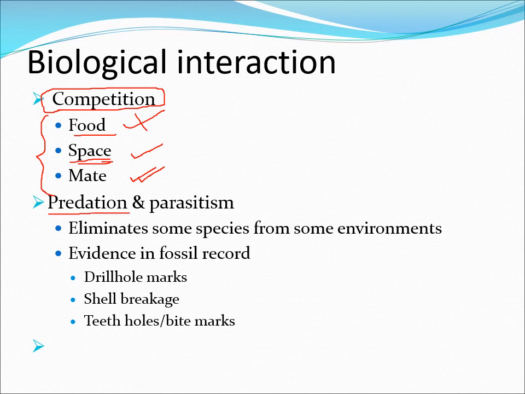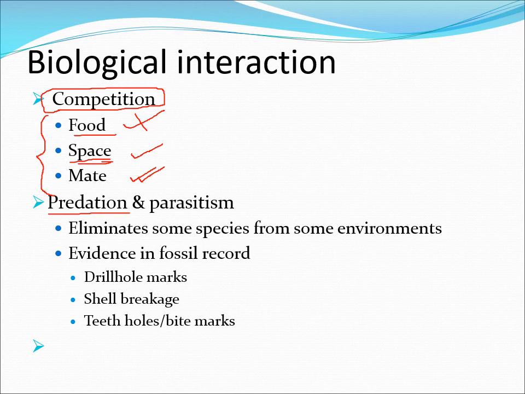So the higher level organisms can take the lower level organisms as their food, or sometimes during this competition they simply kill or wipe out the inferior groups. That means the weaker are simply being killed by the stronger.